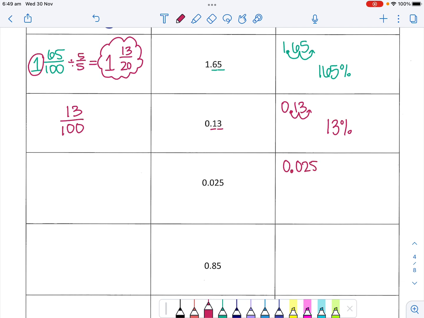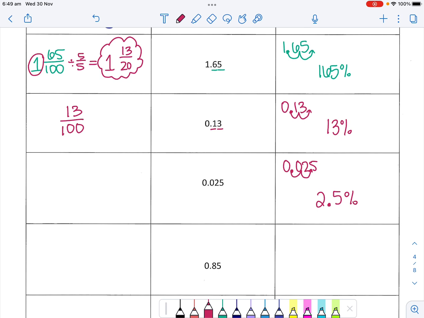So here's my decimal on 0.025, so 1, 2, and this is where I talk about being accurate, especially when there's more than 2 digits, because when I'm doing my jumps, I want to make sure that I'm only jumping twice to the right or twice to the left, depending on what I'm doing, and that my decimal ends up where it is supposed to end up. So this is going to be 2.5%.